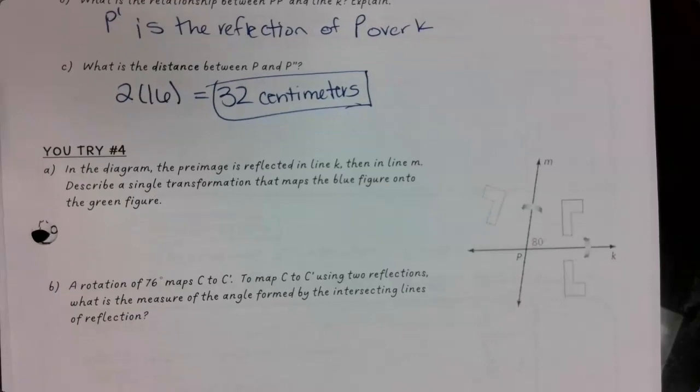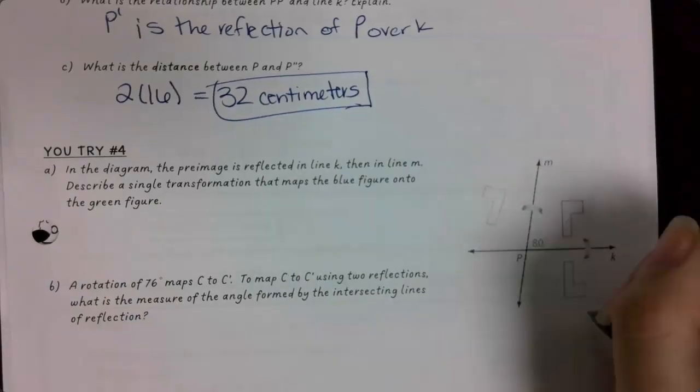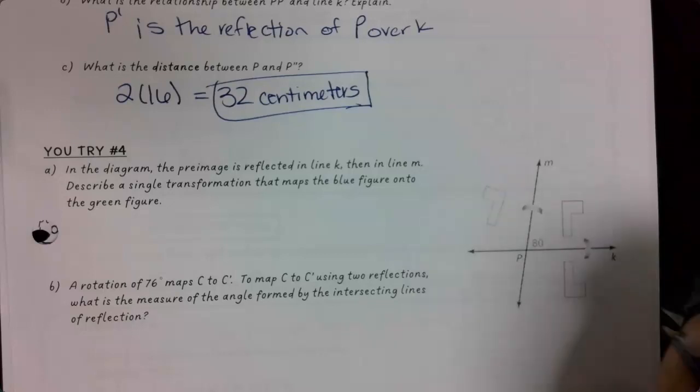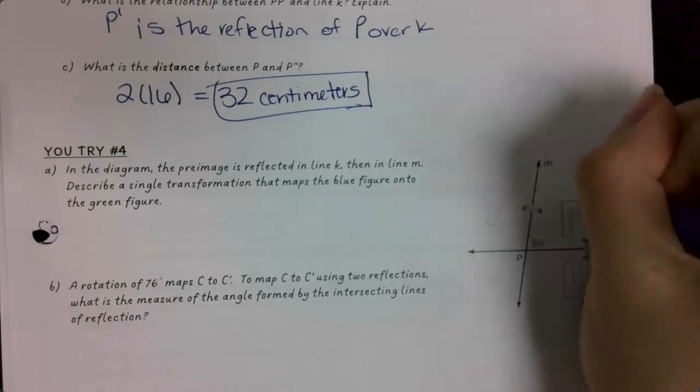And the last one, it says in the diagram, the pre-image is reflected in line K, then in line M. Describe a single transformation that maps the blue figure onto the green one, which isn't very helpful. Oh, they're not even labeled. So I'm going to label them so I can tell.